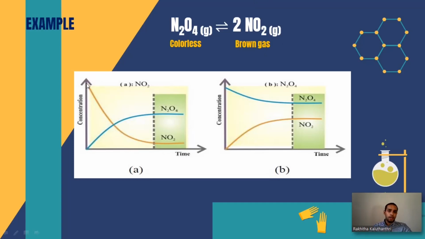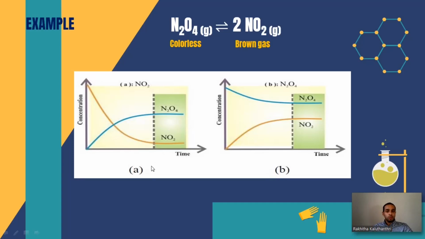So the concentration of NO2 is significantly high, and there's no concentration of N2O4. With time, NO2 concentration will keep going down. Why? Because it is getting consumed and conducting the backward reaction, producing N2O4. So when N2O4 is produced more and more, the concentration of N2O4 increases, right?